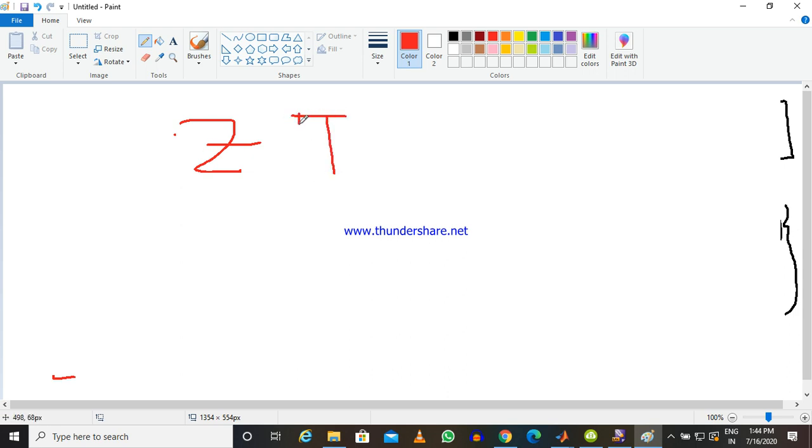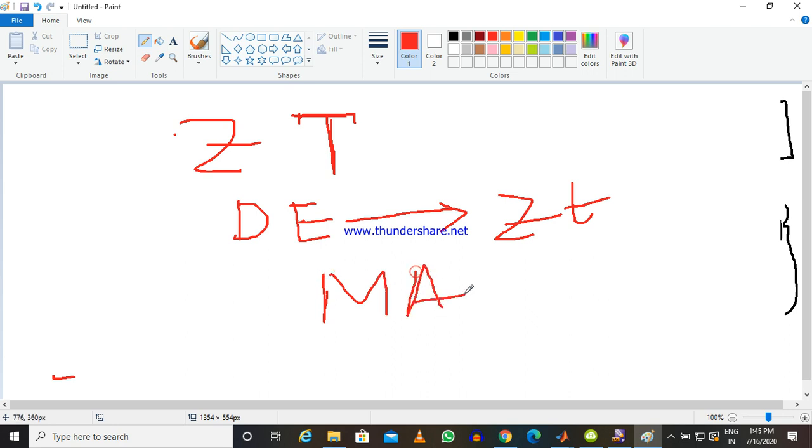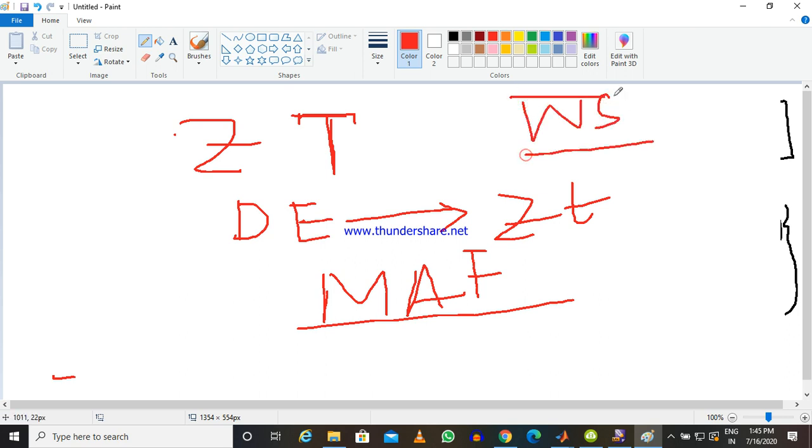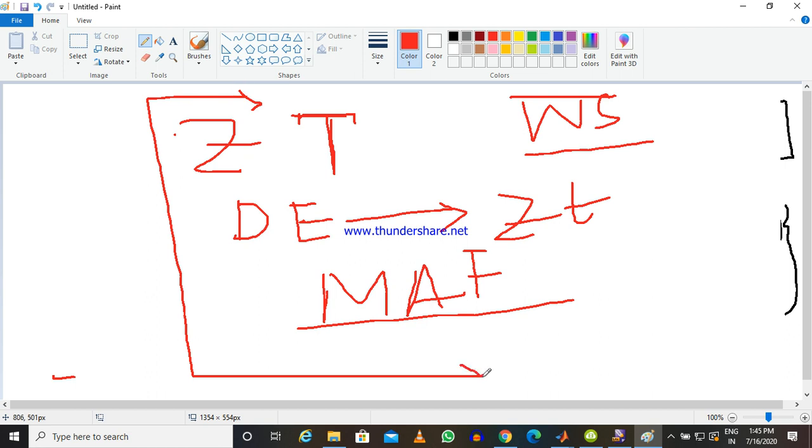Simple z transform, then difference equation and its z transform, then moving average filter, then the selection of window size, and process the data, whatever yesterday Sharan took, the sample of the PPG signal.